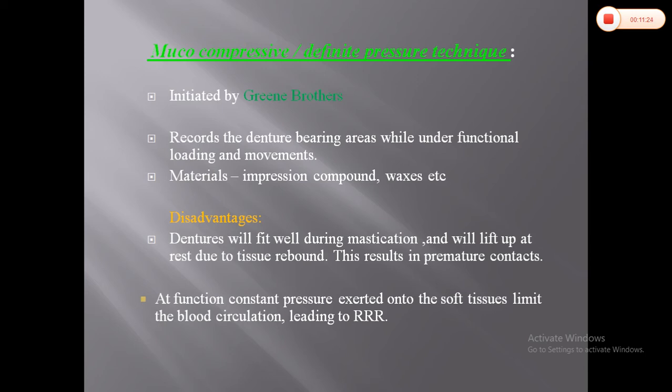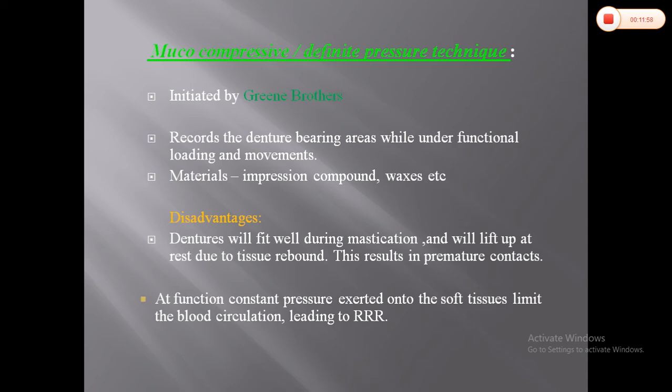Next is the mucocompressive technique. You are compressing the tissues for making the impression. So you're recording the tissues in a compressive state, which was given by Green Brothers. The materials used for this technique are impression compound or waxes. The disadvantage of this technique is that dentures will fit well during the compression and making of the impression.